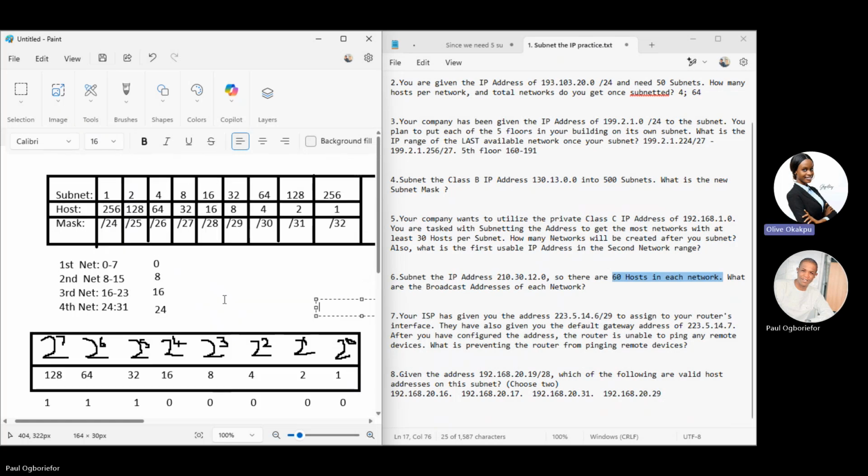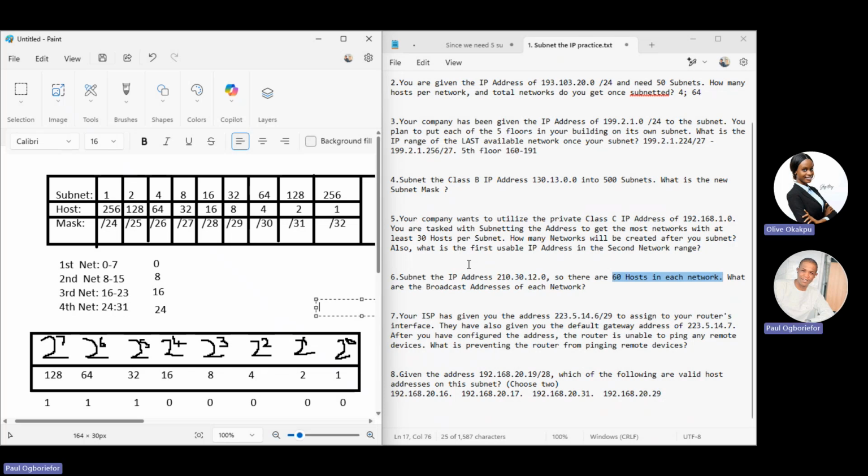All right. So this one now, that one that you highlighted, it says subnet the IP address 210.30.12.0, right? Yeah. So it said there are 60 hosts in each network. If they are saying 60 hosts in each network, that means I'll have to go with this one.